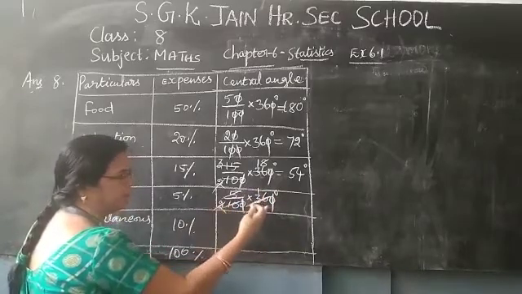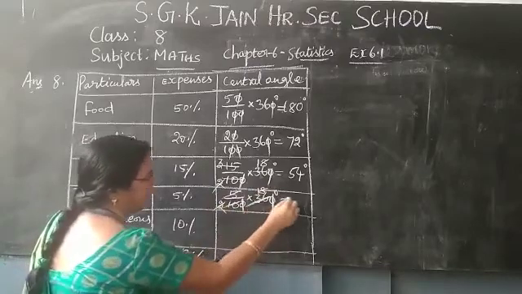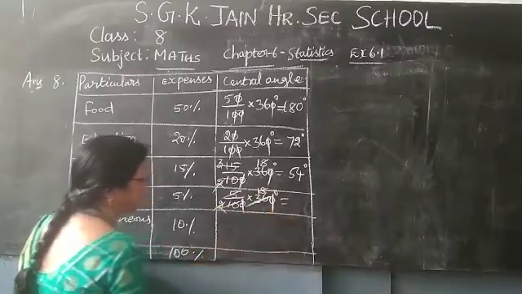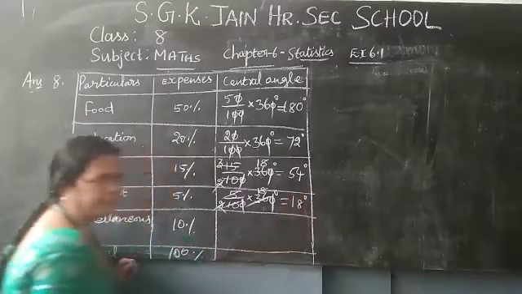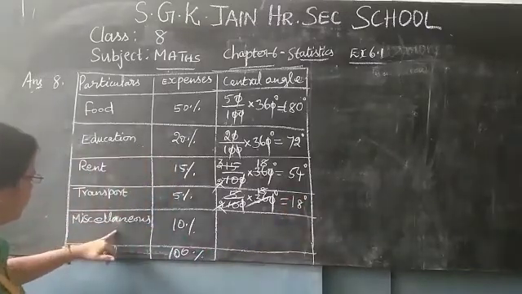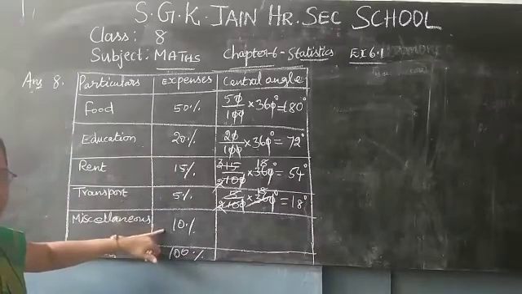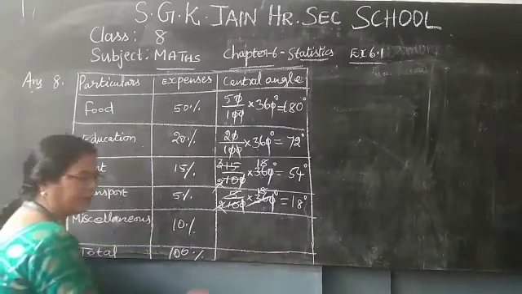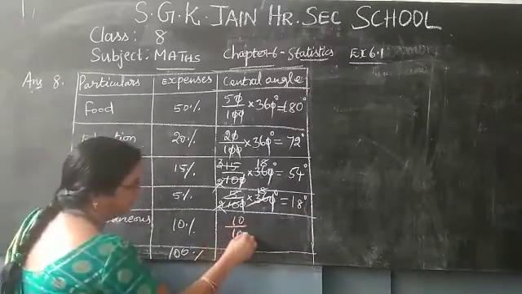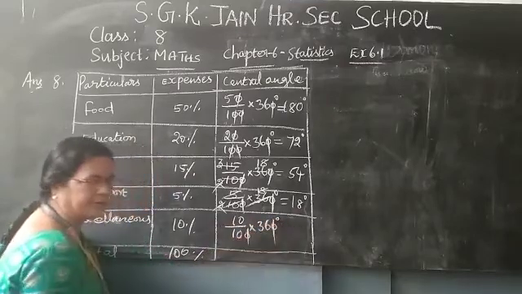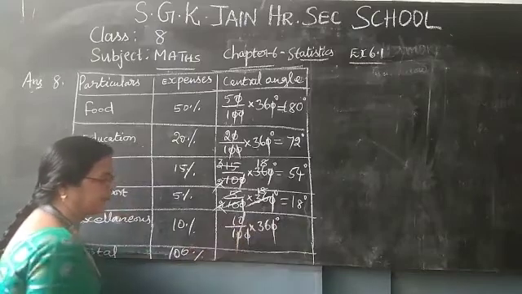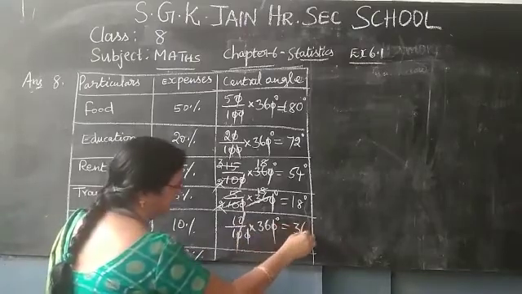Then in the 2 table, how many times? 16, 18, isn't it? 2 8s are 16, so you will get 18 degrees here. Is it clear? And then we are going to find out the miscellaneous. How much is given here? 10% for miscellaneous. So 10 by 100 into 360 degree. Then the last 0 will get cancelled, and this 0 will get cancelled. You will get 36 degrees.